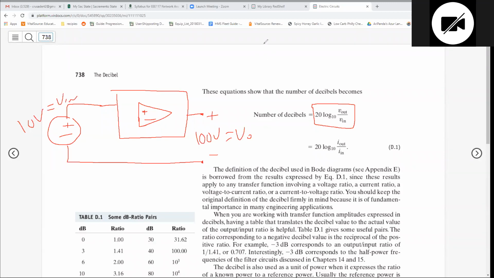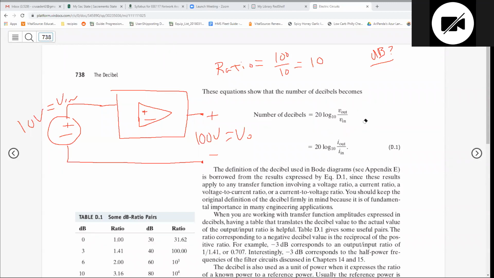Well, what's my gain? We call it straight gain, or your ratio, which is equal to just 100 over 10, V out over V in. So your straight ratio is 10. But if you want to do it in dB, what is that going to be? Well, we have to do calculations.